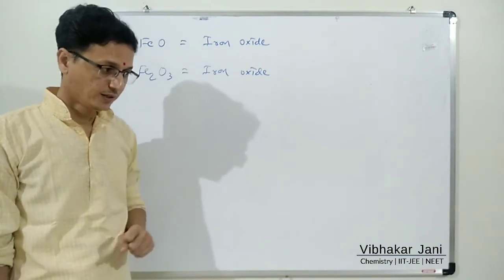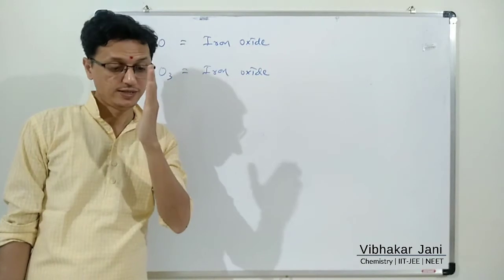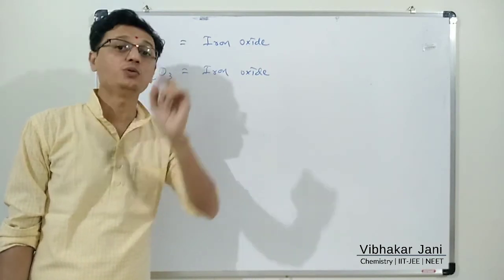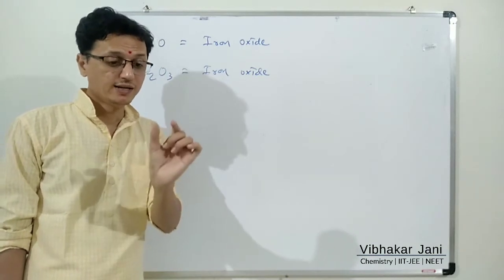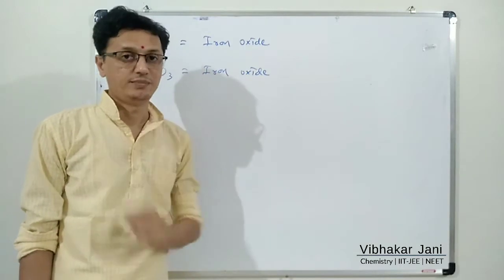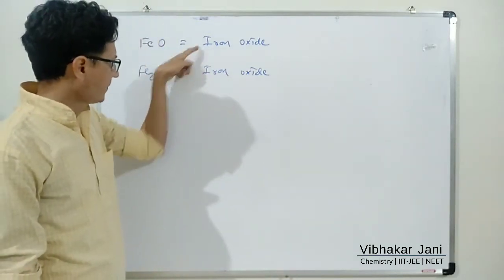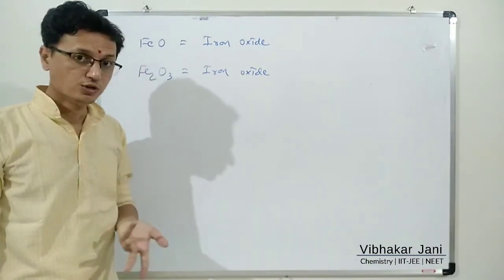In this method, you have to calculate the oxidation state of that particular element, and you have to mention the oxidation state of that element in a bracket after writing the name of that element. So here, iron is in different oxidation states.